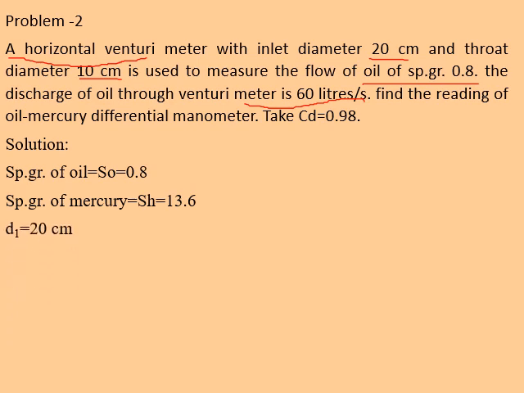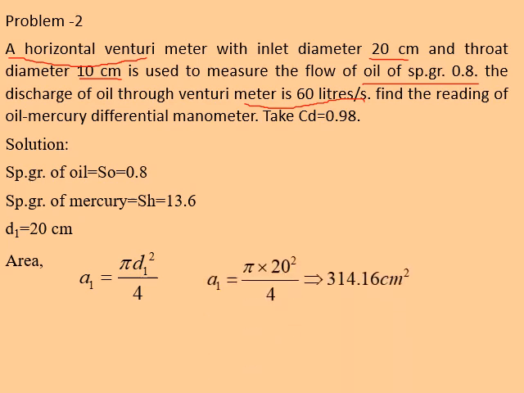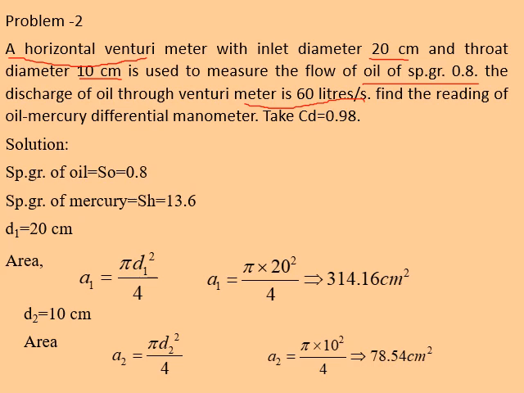The diameter at section 1, D of 1, is equal to 20 centimeter and area at section 1 is equal to pi D1 square by 4, and that area is equal to 314.16 centimeter square. The diameter of the throat is 10 centimeter. Then calculate the area of the throat, and A of 2 is equal to 78.54 centimeter square.